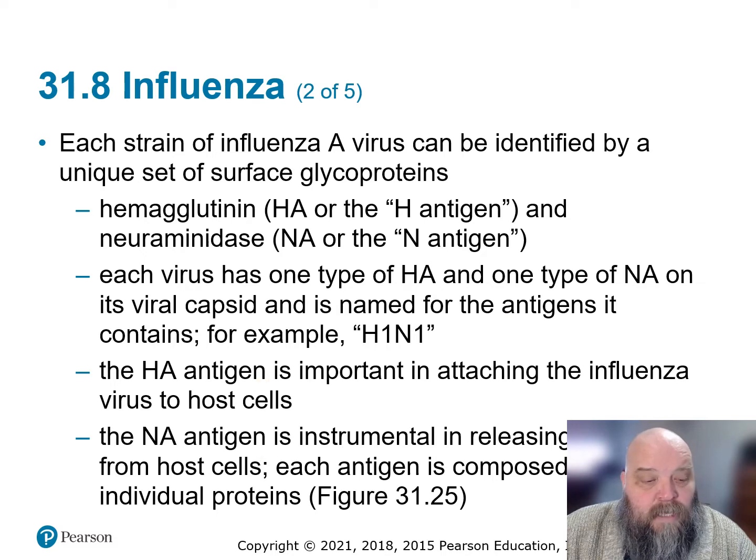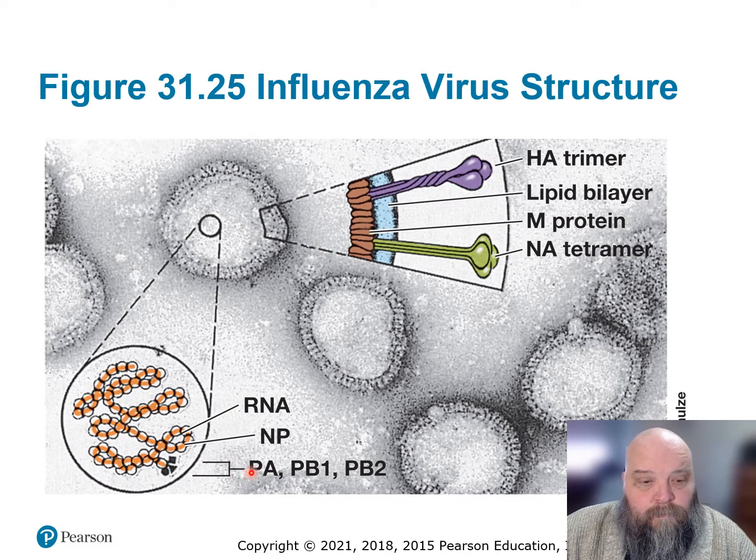H attaches and releases. And you see these, they're individual glycoproteins that have to form a trimer. Remember, trimer means 3 of them have to come together. Dimer means 2. Monomer means it's just 1.